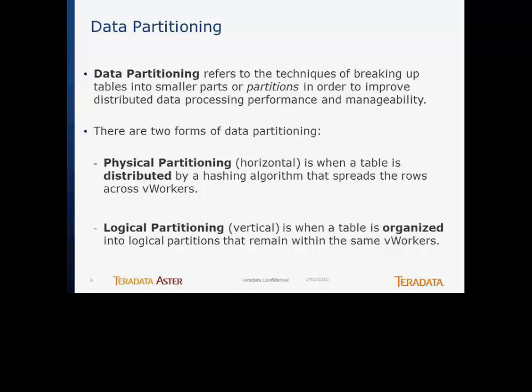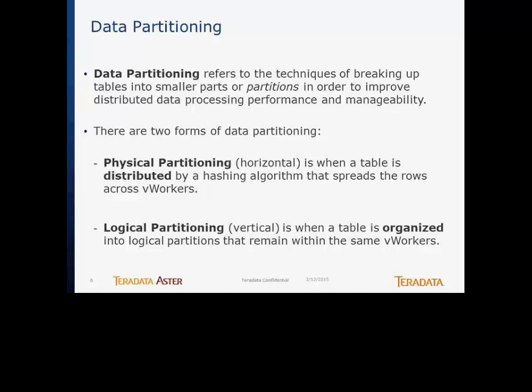So that's the physical architecture. When we are at the workers, I also want to talk about how data is actually sent into the workers. You talked about the loader nodes pumping data into the workers, right? There is this concept of data partitioning, and there are two types of partitioning.